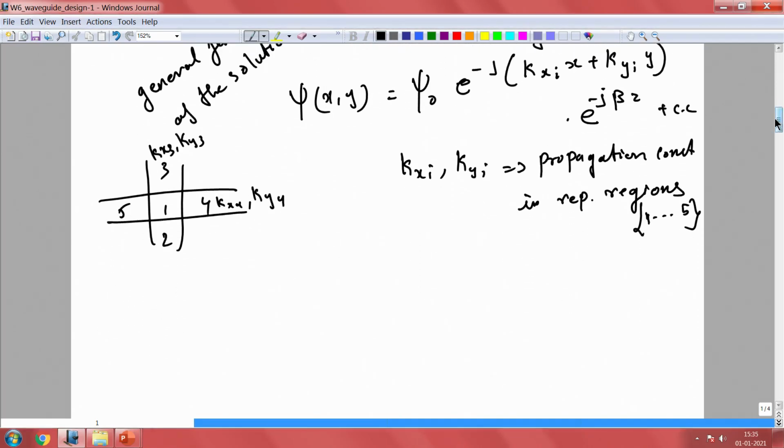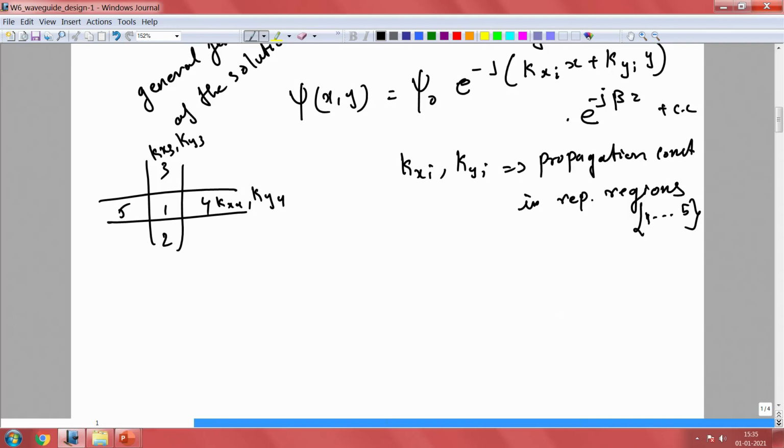So, now the propagation constant along x would be k x 1, k x 4 and k x 5, right, when you take regions 1, 4 and 5, right. And this propagation constant should be identical, right, and independent of y, all right.